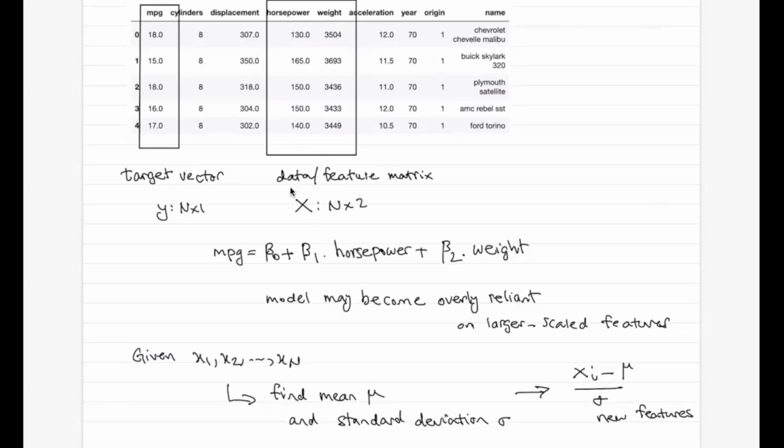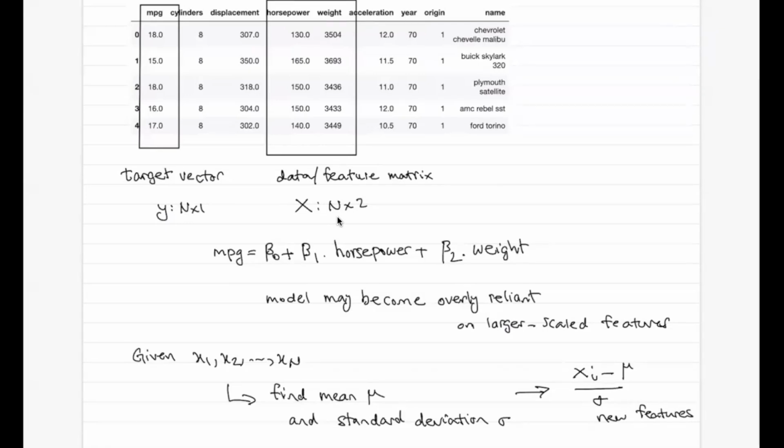So this allows us to form something called data or feature metrics, which is of size n by 2. N is the number of observations, 2 is the number of features. And this is very standard across machine learning and data science libraries that the rows correspond to the observations or samples, and the columns represent features.